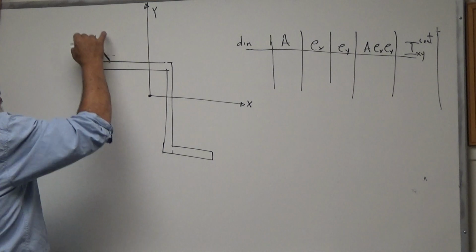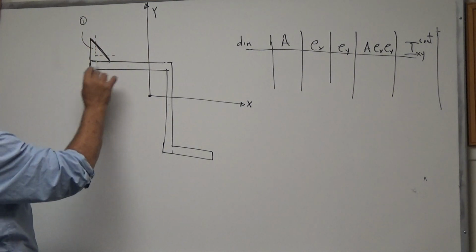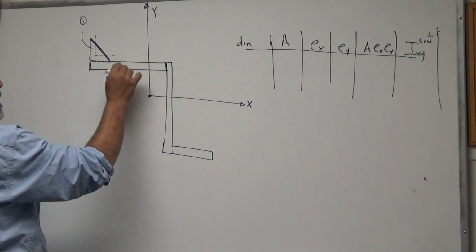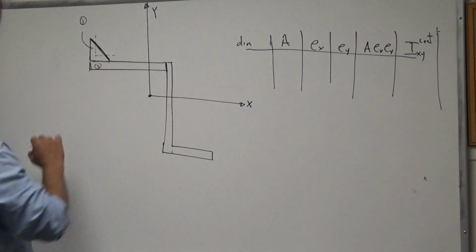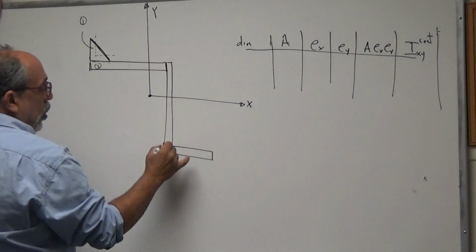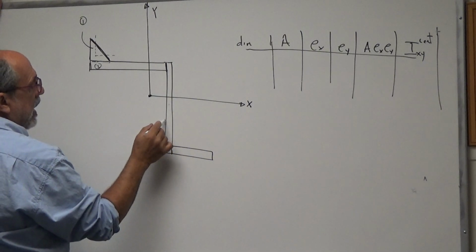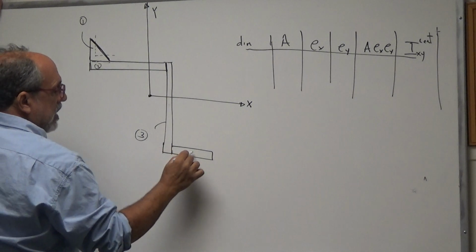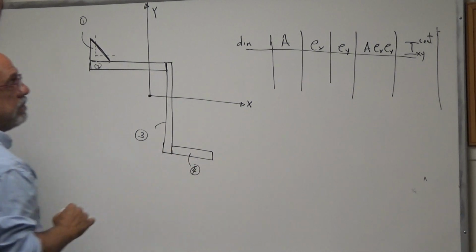So let's call that one number 1. This rectangle over here as number 2. This tall thing over here as number 3. And this one over here as number 4.